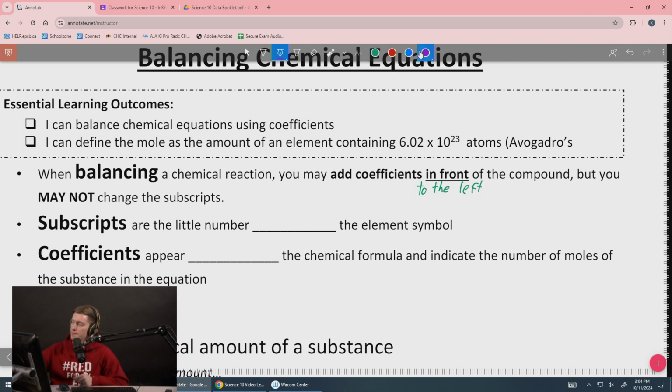For example, let's put a chemical reaction on the bottom here. Our reactants are going to be sodium metal reacting with chlorine gas. And then we produce sodium chloride.